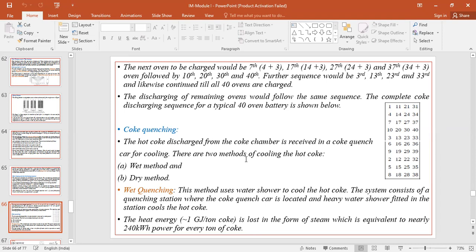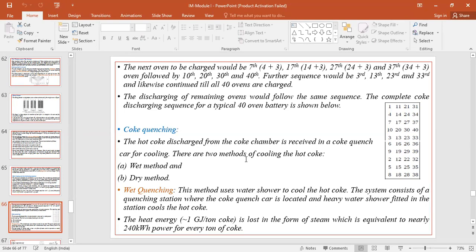But here, one disadvantage is that during this quenching process, the heat which is extracted out, we cannot recover. So there is a huge loss of heat, and also there is a huge fume, which we have seen in the previous video.